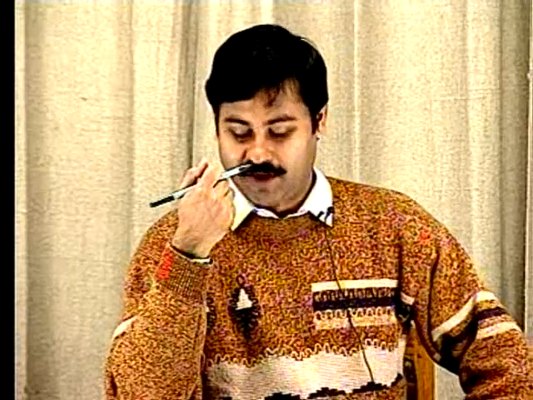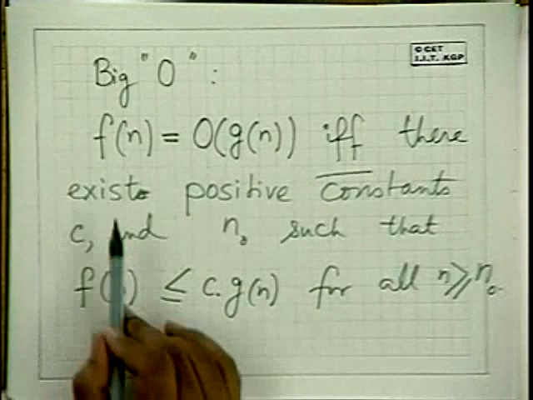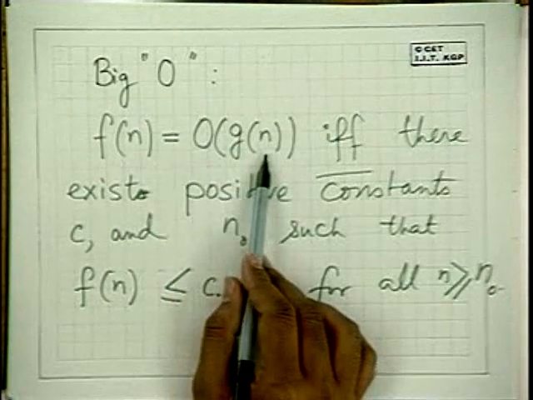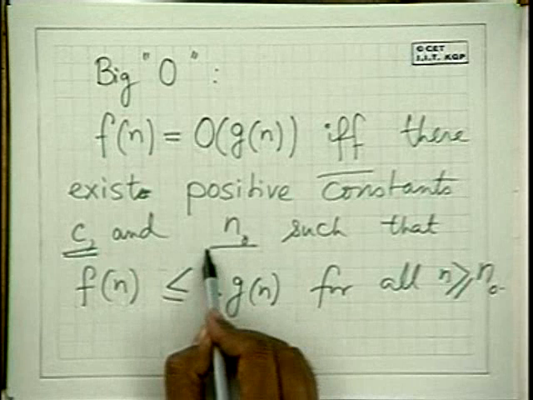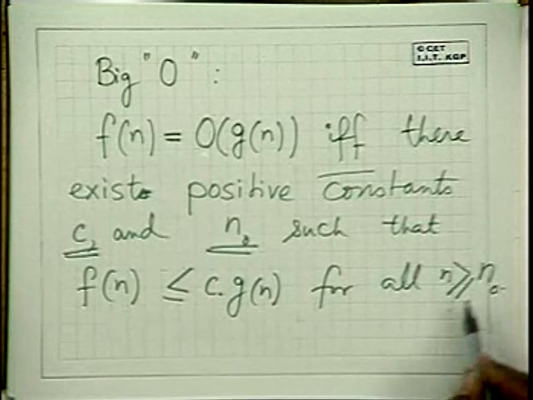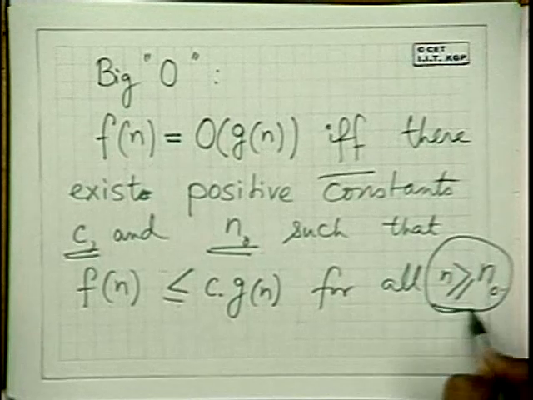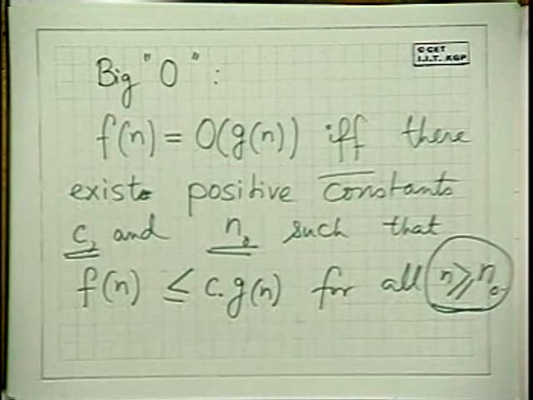And this is precisely being done in this definition. If you see it very carefully, we are saying f(n) is order of g(n), and there are two constants which are very important, C and n naught. And how is it captured? When n is very large, it is captured by n greater than n naught. You fix n naught once; n naught is a constant.